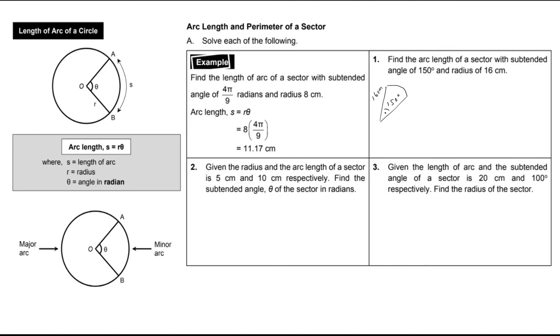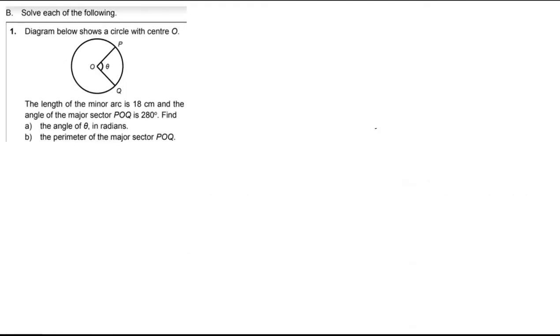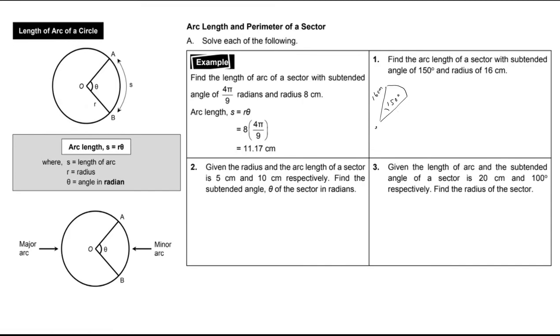Remember earlier I mentioned that we have to make sure that the angle given must be in radian. So first let's convert the angle. Theta equal 150 degree multiplied by pi over 180 degree, and we will get 5 over 6 pi radian. Then we can proceed to find the arc length of the sector.